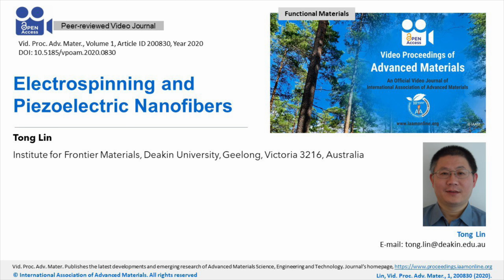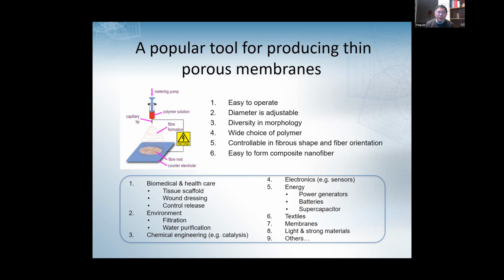This setup can produce sufficient sample for scientific research. It offers a number of advantages in control, fiber morphology, fabric structure, whatever. So here I listed the advantages. Based on this, people already found electrospun nanofiber have broad applications in different areas.